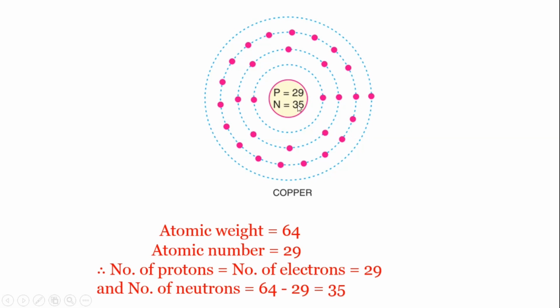So the proton number is 29, the neutron number is 35, and the electron number is also 29, which is 2 plus 8 plus 18 plus 1: 2 plus 8 is 10, plus 18 is 28, plus 1 is 29.